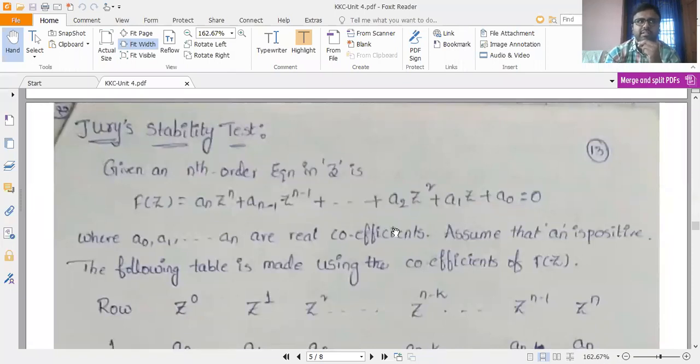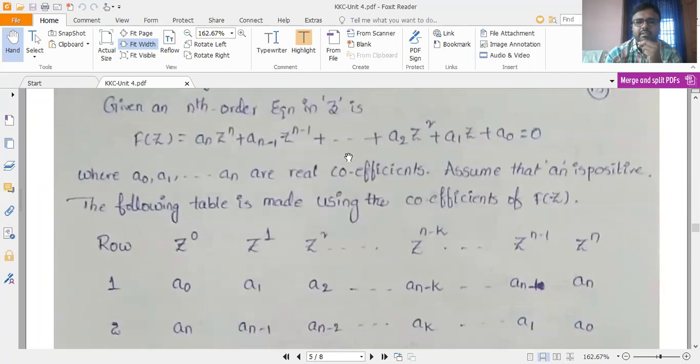Let us have an nth order equation in terms of the z plane, f of z is equal to an into z power n plus an minus 1 into z power n minus 1 plus so on up to a2 into z square plus a1 into z plus a0 is equal to 0, where the coefficients a0, a1, a2 and so on up to an minus 1 and an are real coefficients.